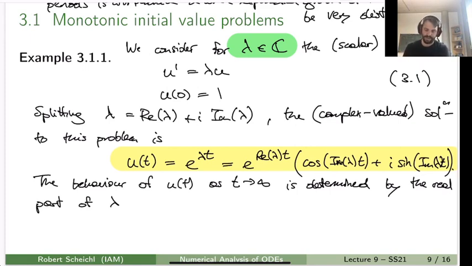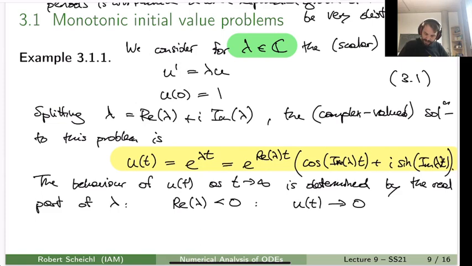But the exponential function obviously has three regimes. We have the regime real part less than 0. Then the entire solution has to go to 0. No matter what the oscillatory part does, the prefactor goes to 0, so the whole function has to go to 0.